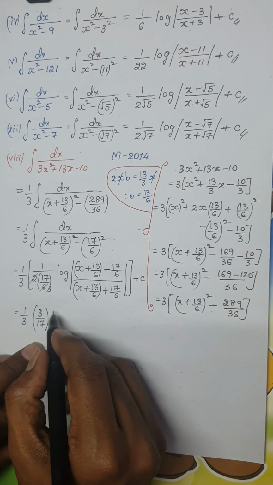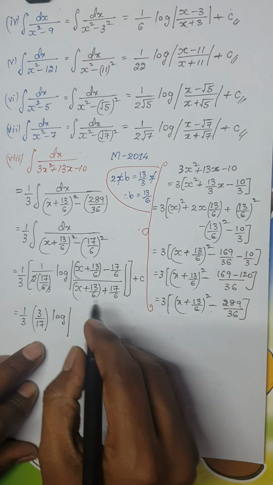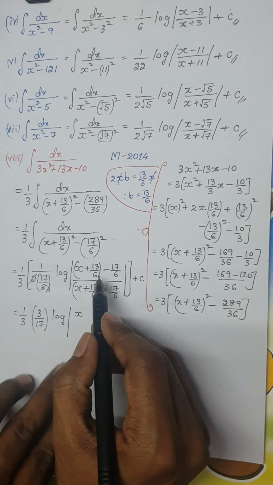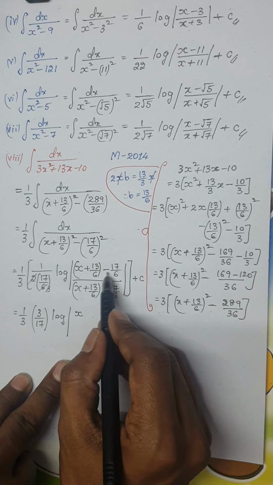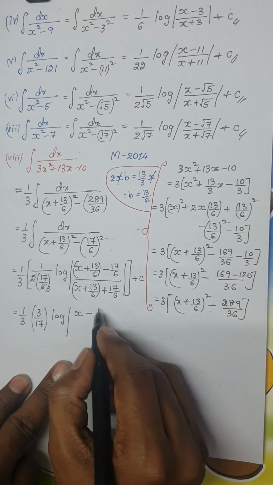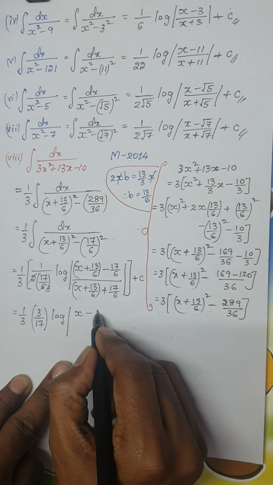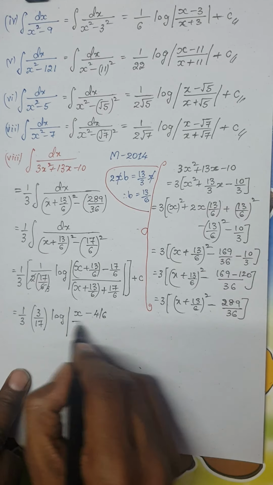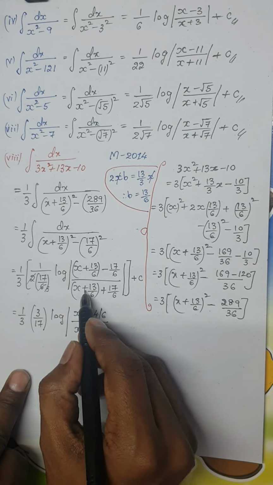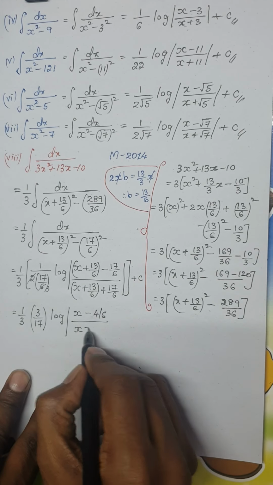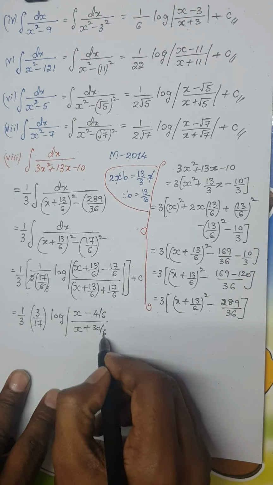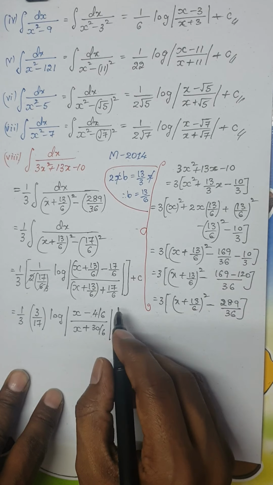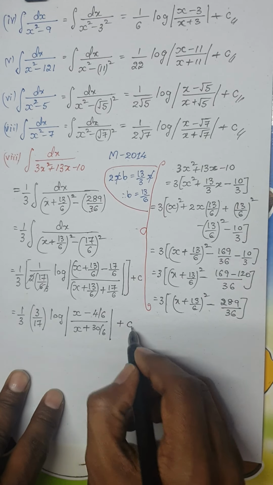Let me keep it aside. So I'll get log of mod x. Now remember, I have 13 by 6 minus 17 by 6. So this will be actually nothing but minus 4 by 6, divided by x plus 13 plus 17 would be plus 30 divided by 6, plus a constant c.